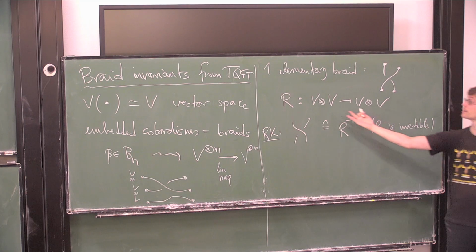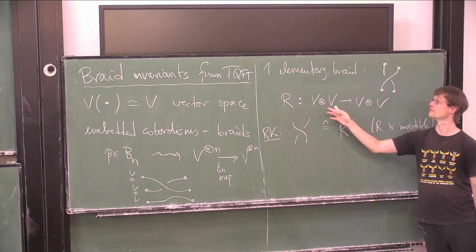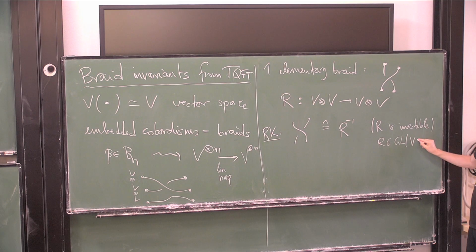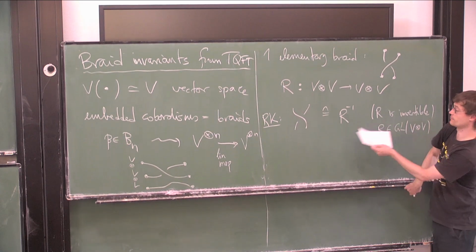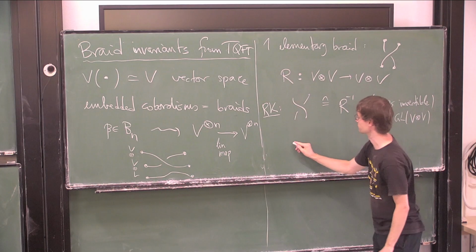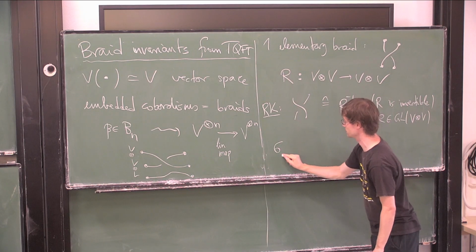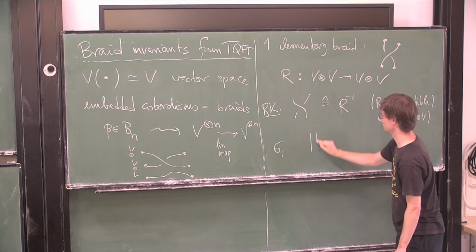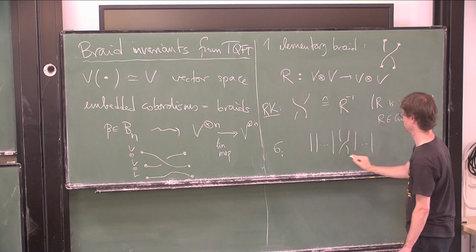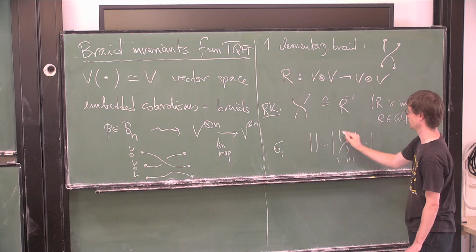So it's a linear map, it's in GL of V tensor V. Well, and then of course we have braids which have more than two strands. But what happens if you take our generator sigma i? So sigma i looks like this, just this crossing between i and i plus 1.